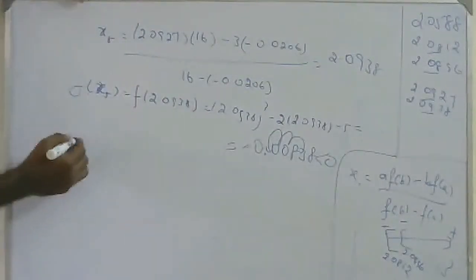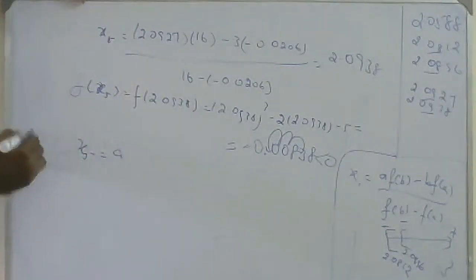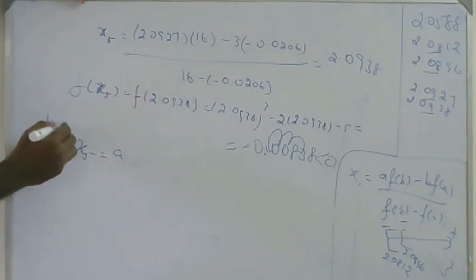So x5 is equal to a, since f of x5 is negative.